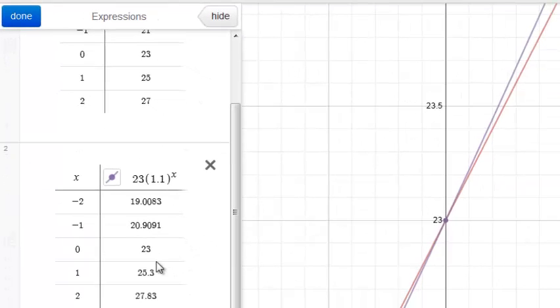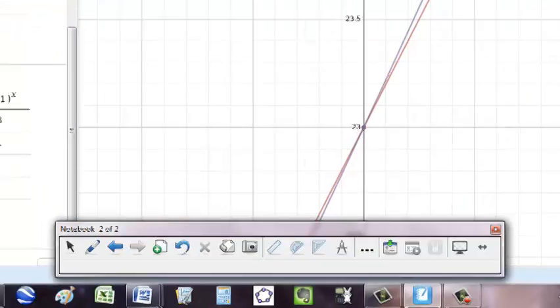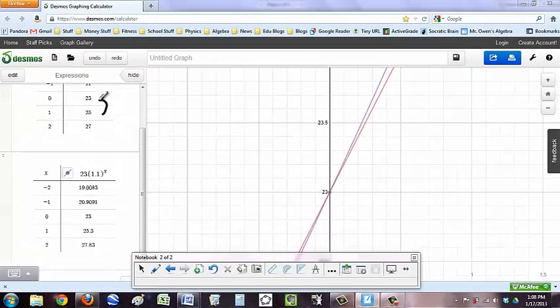We start at 23 and go straight to 25.3. So after 1 month, the exponential curve already has 0.3 more than the linear one. And we can see that the amount that it's going up by here is different. The amount that it's going up by here is the same, up by 2 each time. And since this one is going up by 2 each time, we know that one's linear.